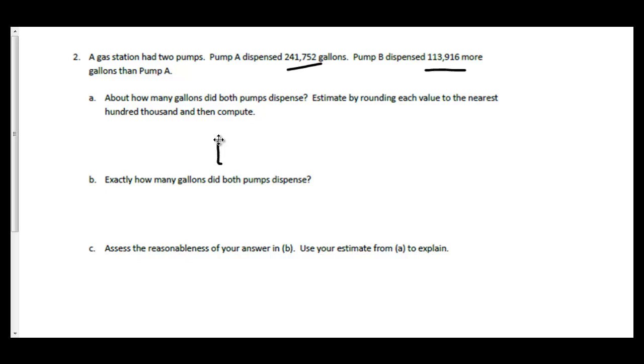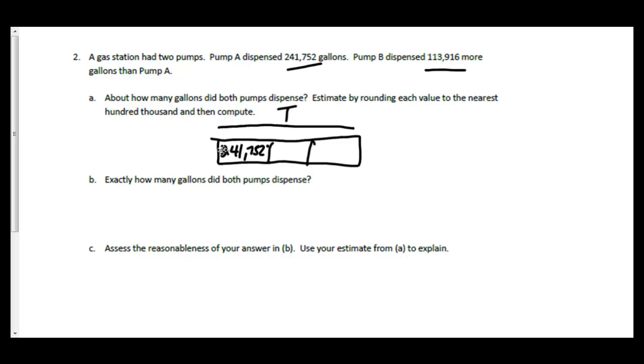Okay, so here is my tape diagram. This is my total number of gallons, and that's actually what I'm trying to find out. So I'm going to write T for total, and I'm going to have three parts here. This might seem a little strange for you, but pump A has 241,752 gallons.